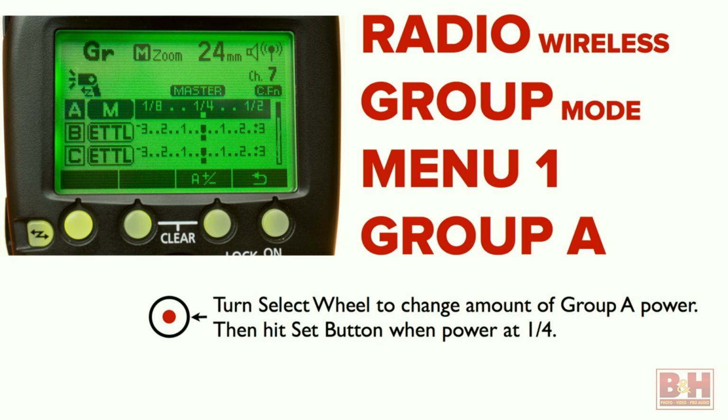Okay. So it's pretty intuitive. It seems a little cumbersome, but the things that you have to remember, you're going to get in group mode by first being in radio, and specifically you're doing all of this on the master, not on your slaves.